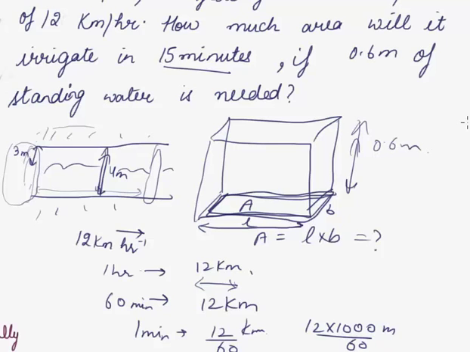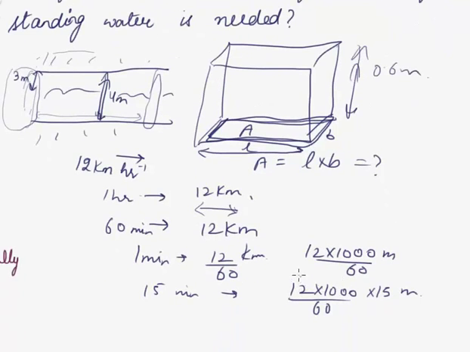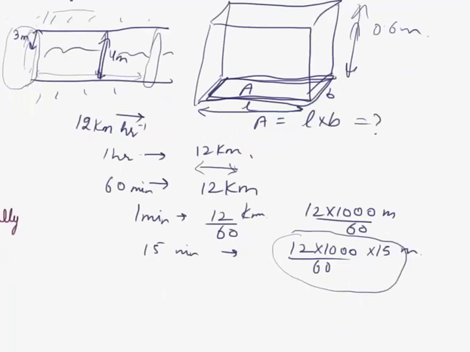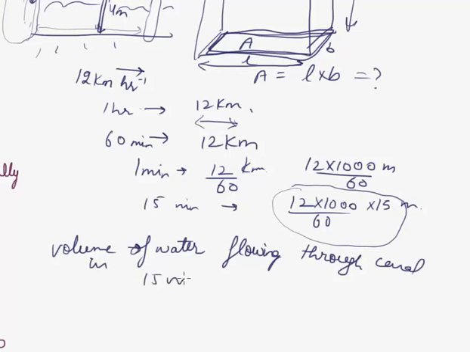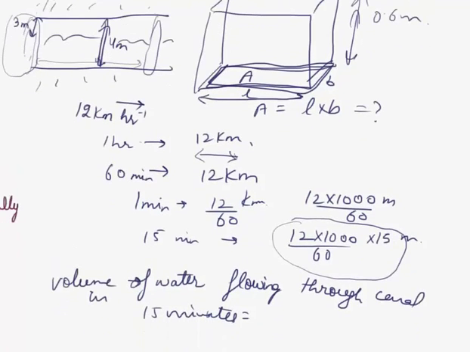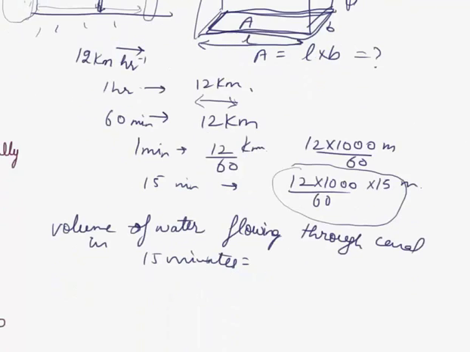In other words, we are utilizing a length of this much amount. So the volume of water flowing through the canal in 15 minutes will be 3 meters into 4 meters into this much of length, that is 12 into 1000 into 15 over 60.